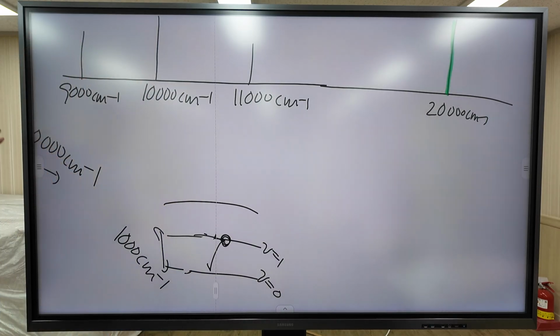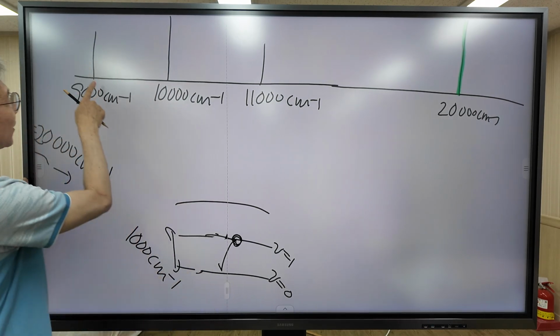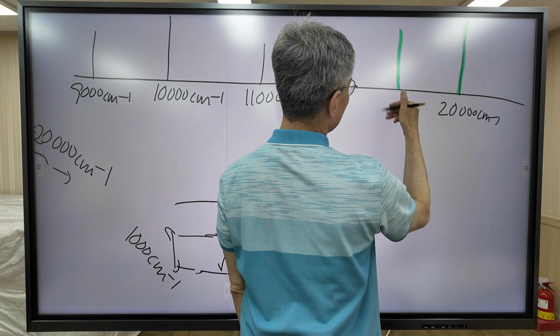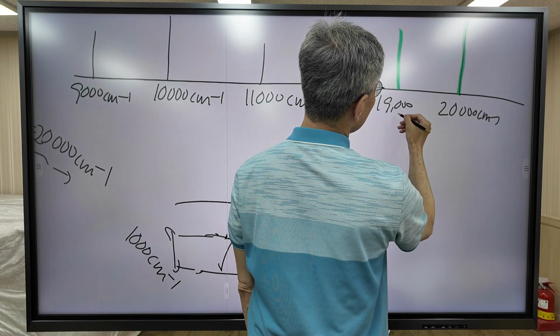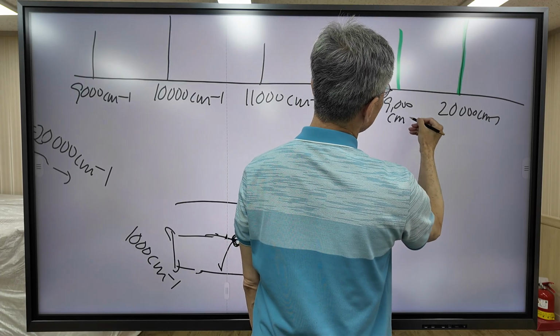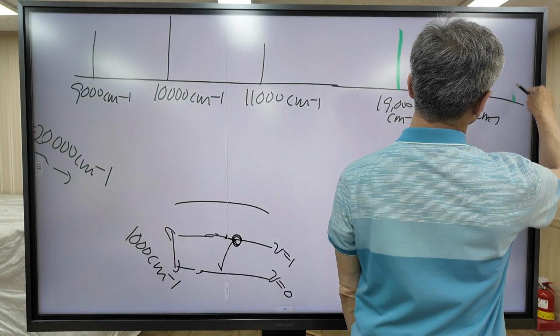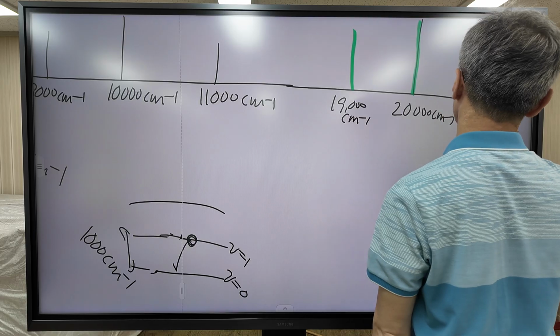And where does the Stokes Raman scattering appear in this case? 19,000 wave number. This is the Stokes peak. And this is the anti-Stokes Raman scattering.